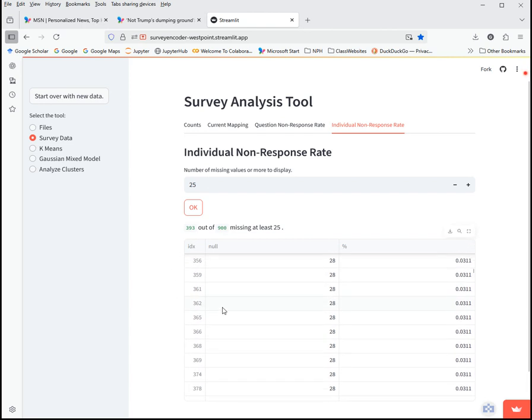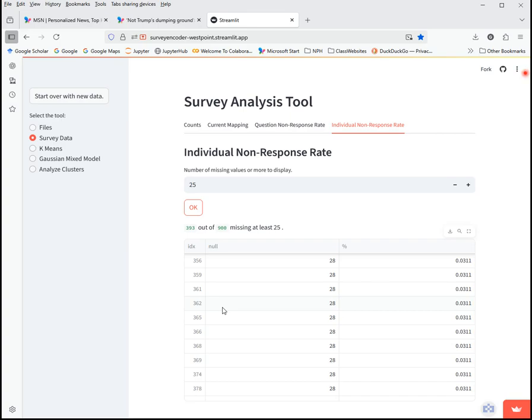The reason you want to be concerned about this is when you're grouping later on. We're going to talk about grouping and k-means and Gaussian mixture models and all these things. The problem is if you have too many non-responses, then folks get grouped into those without any other data, and that's what you don't want.